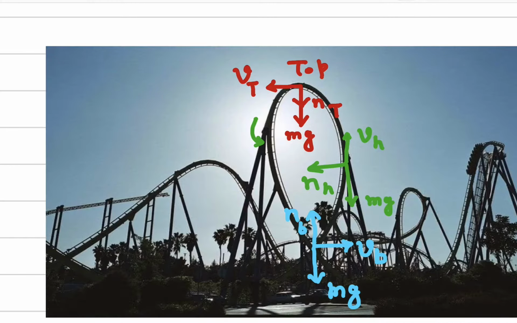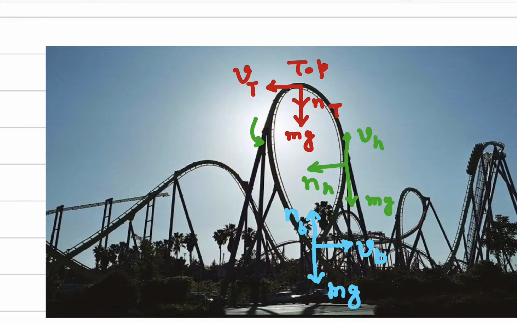The weight at any point is always vertically downward. So this is showing the weight. The track is providing a normal force to the rider or to the car, and the normal force at this point is downward. The N stands for the normal force and T means the top.